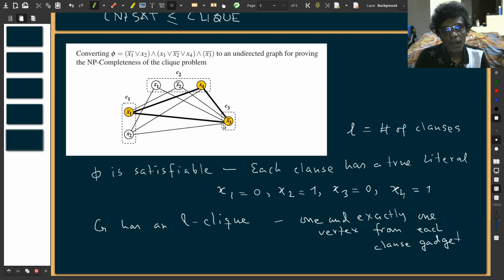And then, since we have not connected vertices with contradictory labels, you convince yourself that this leads to a satisfying assignment. For example, this is my clique x1 complement, x4, x3 complement. So, I can definitely say x1 equal to 0.